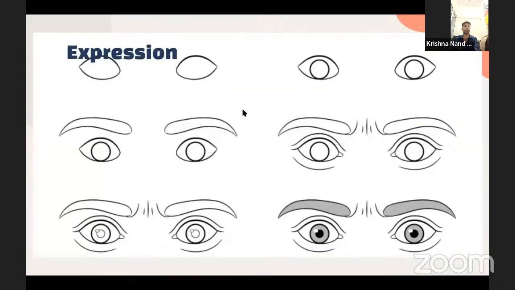All right. So another part is, when we create any expression, when you have to draw, eyes play a very important role. I'm just moving one by one, topic wise, which is required for the exam, and later I'll tell you how it's important for NID or NIFT. You might know how to draw, but expression of eyes plays a very important role.